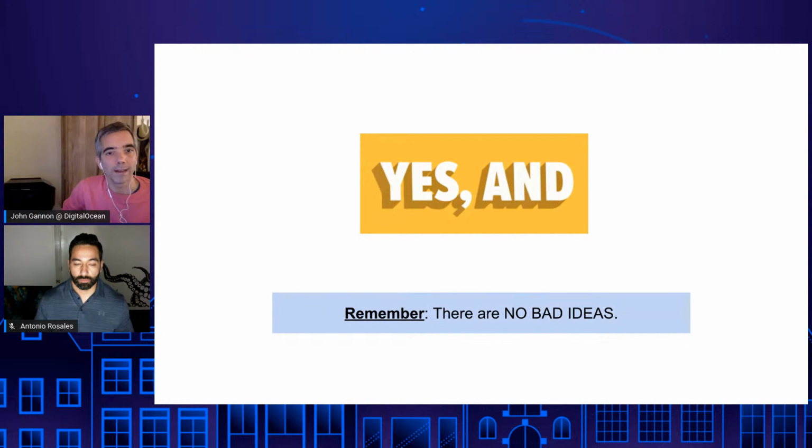One way to think about this is the world of improv. I don't do improv, but I certainly listen to a lot of comedy podcasts. There's this concept in improv called "yes, and." In an improv sketch, the reason they can go on for minutes and minutes without any script is that whenever someone makes a statement, the response from the other person on stage is "yes, and," and then they build on it.